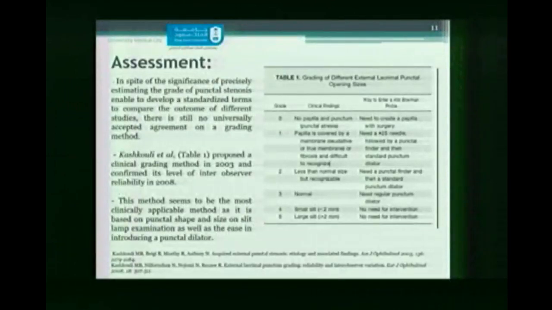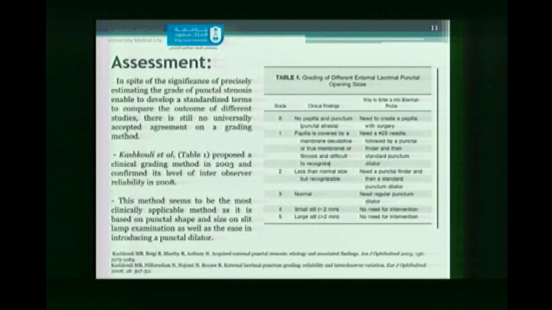It is because of the work of Mohsen Kashkouli from Iran that the literature has a definition and grading of punctal stenosis. Before 2003, there was a huge discrepancy in the literature about what is punctal stenosis and what are normal puncti.